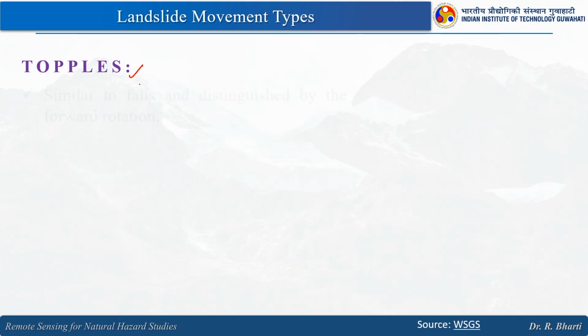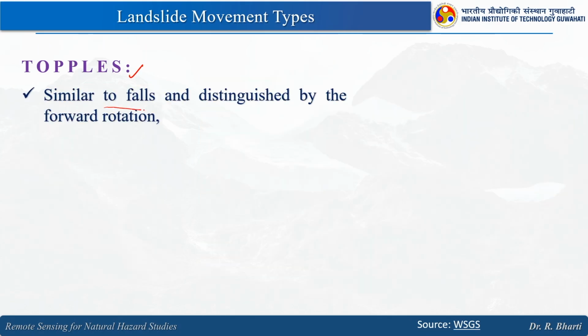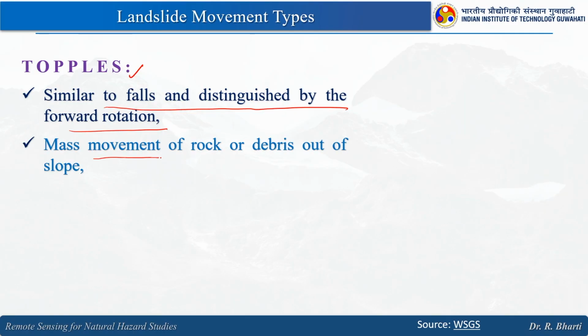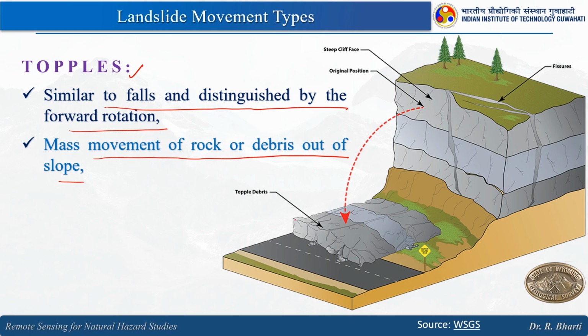Then comes the topple, similar to falls and distinguished by the forward rotation. So, this is similar to fall, but here it will be toppling, a mass movement of rock or debris out of slope. Here simply this particular chunk was here, right, and this has come down because of gravity, with forward rotation.